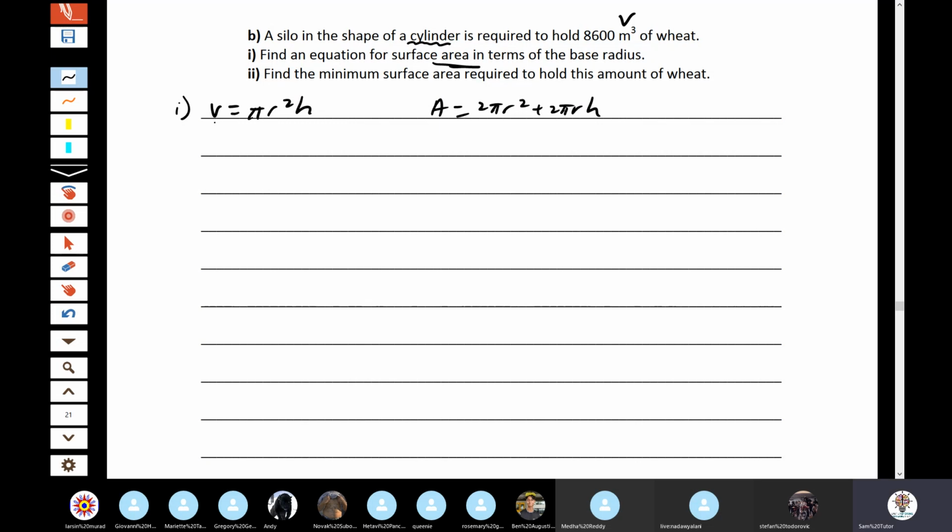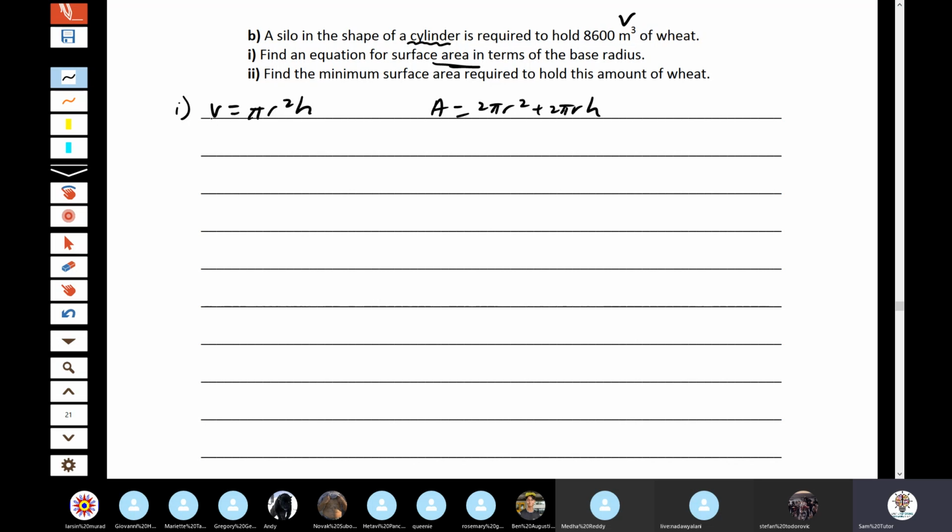You don't want h in there, because it says only in terms of radius. So therefore, you come back to what I've told you. You're meant to have your 2 equations. You're going to make h the subject, so then blah, blah.